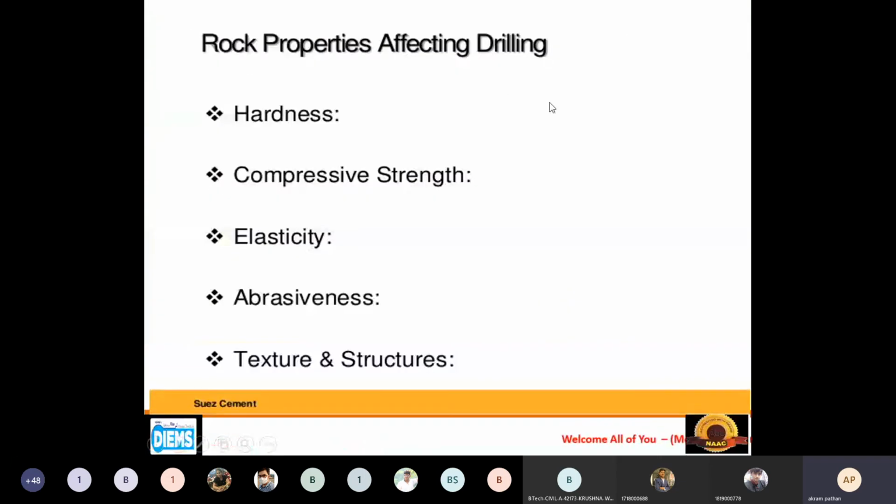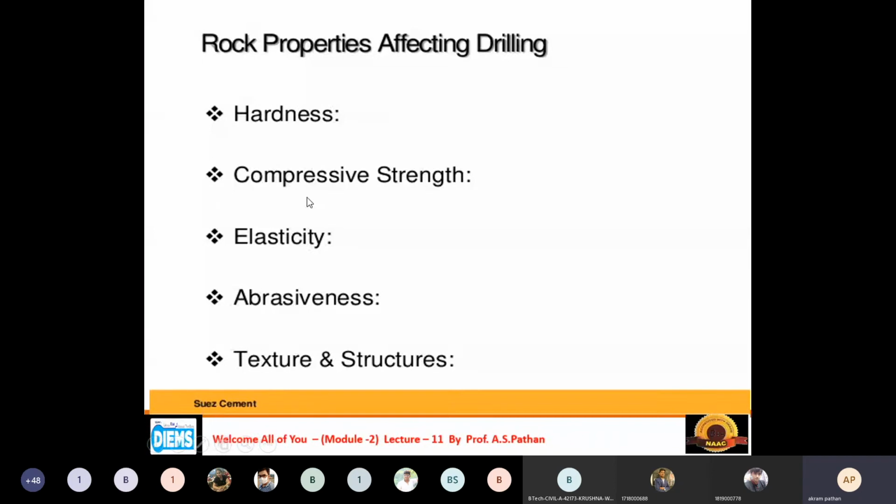Now, before drilling, I would like to highlight these things with all of you. The rock properties affecting drilling. What are the properties of rock affecting the drilling?